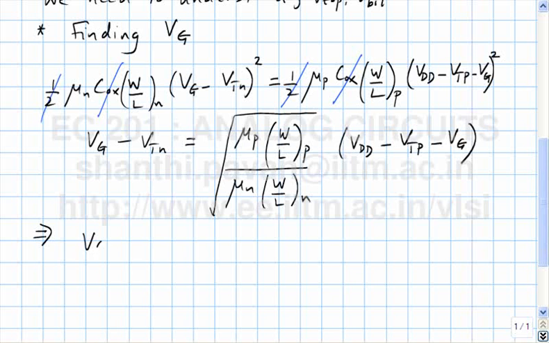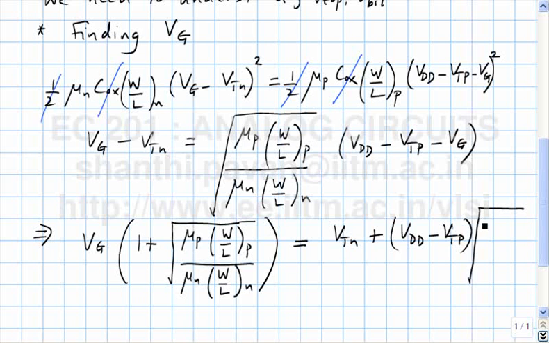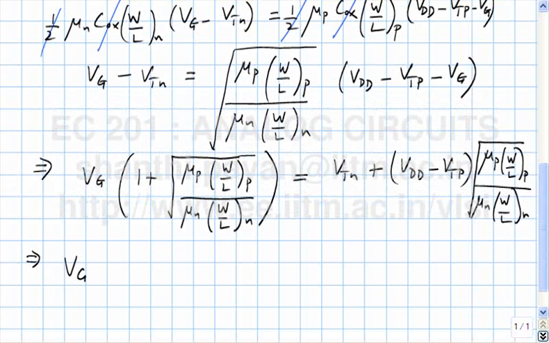This is straightforward algebra, which implies VG times 1 plus the square root of mu P times W by L of the PMOS device divided by mu N times W by L of the NMOS device must be equal to VTN plus VDD minus VTP times the square root of mu P W by L of the PMOS device divided by mu N W by L of the NMOS device, which means VG is given by the absolute mess.